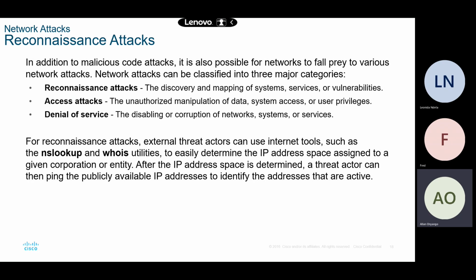They can do nslookup on the CMD to get the IP address of different servers. They can use Whois, which is another website. They can just check the IP address of different devices. They can even ping them and use traceroute to get as much information as possible. So it's a discovery and mapping kind of attack. They get the details of each and every device on the network.